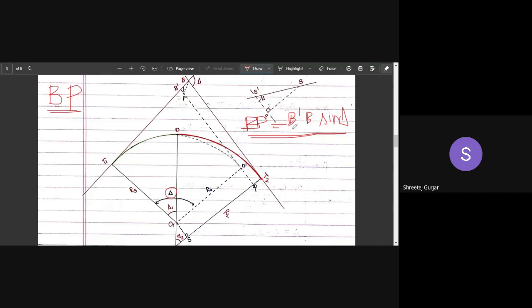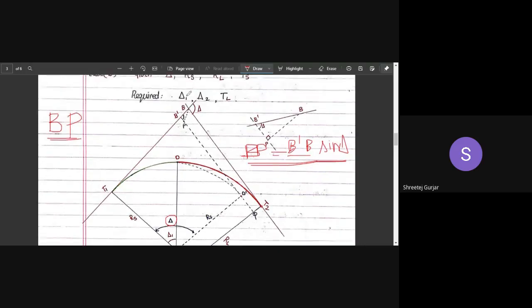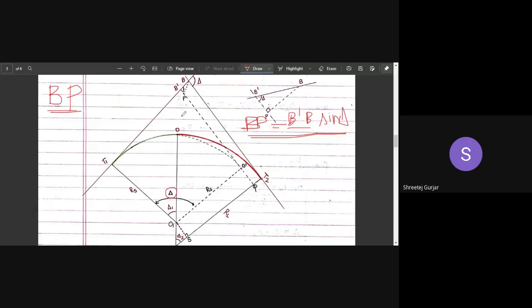Now, what is this B dash B? Where is B dash B? This is your B dash B. You can see this particular length is B dash B. So we need to convert this in terms of tangent length. So how can we do that? So this B dash B we will convert now. B dash B is equal to what?